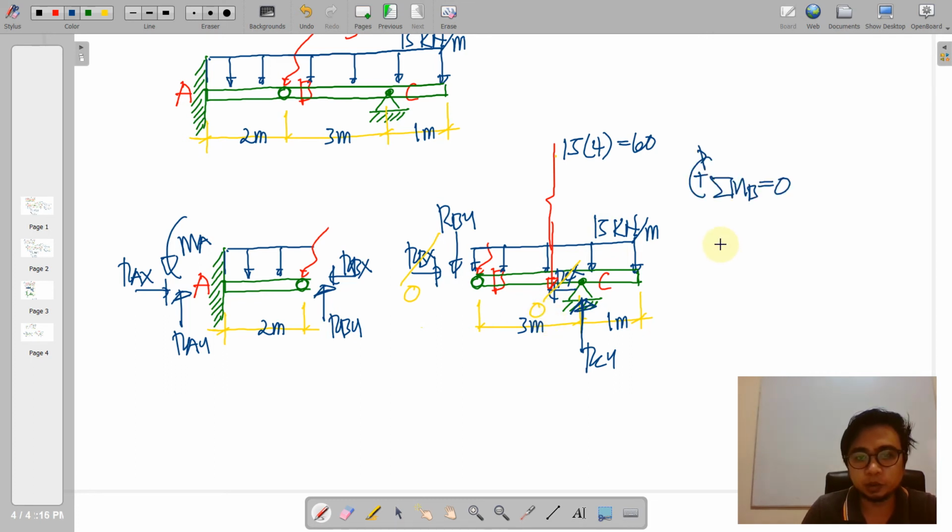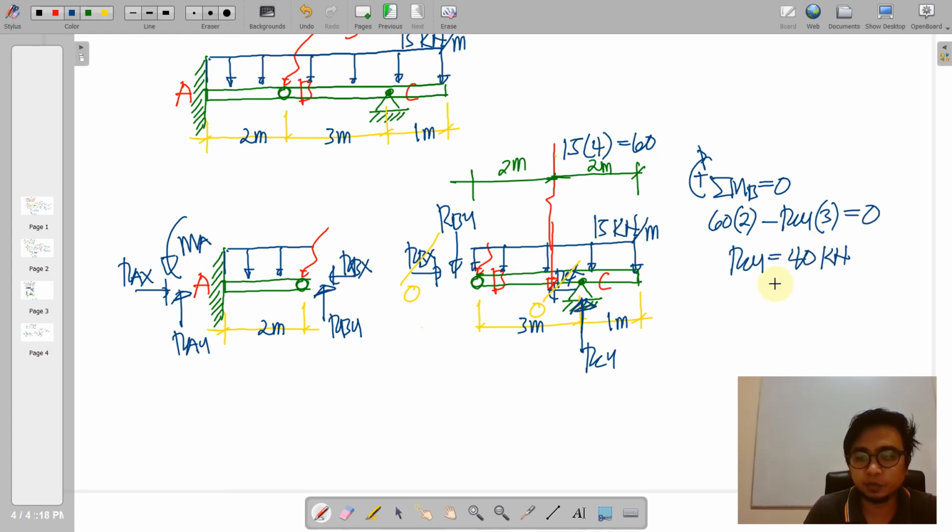And then as usual, we take moments at both supports to get the other reactions. Summation of moments at B, we have this 60 times the moment arm 2 meters. So these are the distances, less RCY times 3, and that would be equal to 0. So therefore, RCY here is 40 kilonewton.